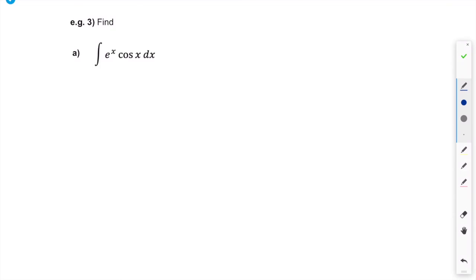So let's take a look at example 3. We have the integral of e to the x cos x dx. So here I'm going to let u be e to the x and dv be cosine x dx, so that du is e to the x dx, and v, if I take the integral of cosine, I get sine x.